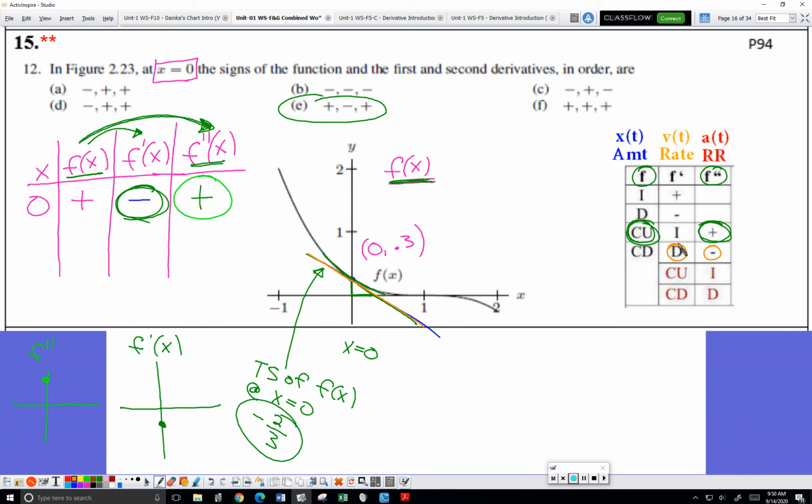Everybody look up. Look at me close. That's an outstanding question. It's a misunderstanding, so it's no big deal, but it is a misunderstanding. This tangent line is definitely decreasing.